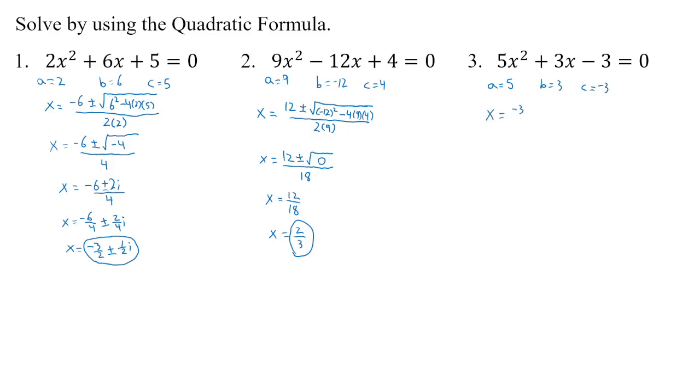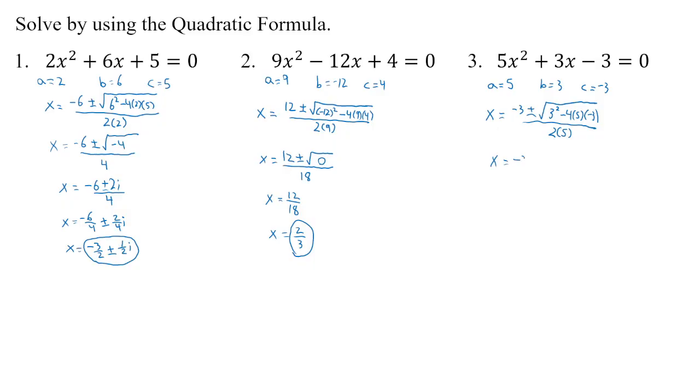This would be negative 3 plus or minus the square root of 3 squared minus 4 times 5 times negative 3, all over 2 times 5. So again, the quadratic formula was used to set it up. So now we're going to work it out.